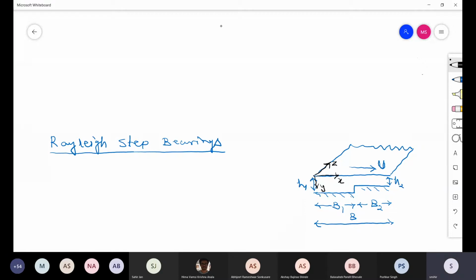Now we know that dP/dx, our governing equation for the one-dimensional case that we always start with, or else you can start from the one-dimensional Reynolds equation itself. This is the governing equation.